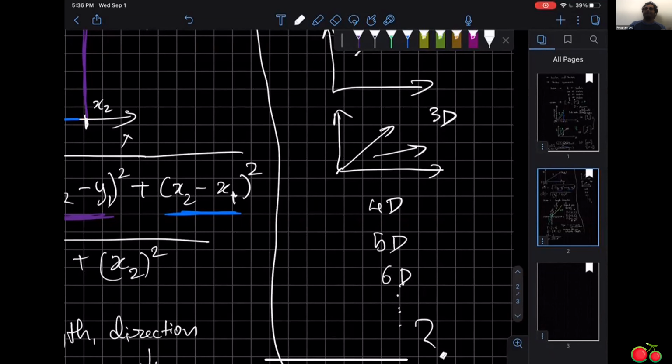So the idea is that we visualize the world in 3 dimensions, and we understand the world in 3 dimensions, right? Those are our 3 spatial dimensions, like X, Y, Z. But when it comes to data, there is no restriction that it has to be only 3-dimensional.